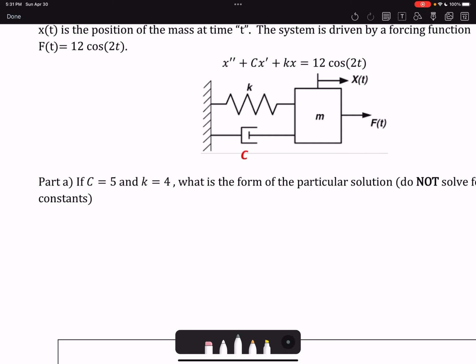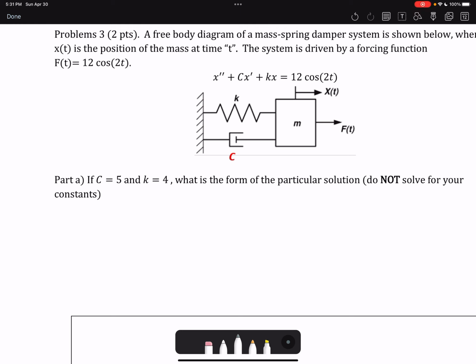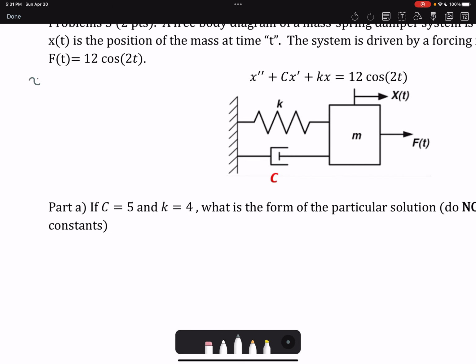And I think in this case there won't be, because the homogeneous is going to be e to the something, unless there's some imaginary part. Well, let's check. So x double dot plus c, what is c? Well, they tell us it's 5. x dot plus 4x is equal to 0.